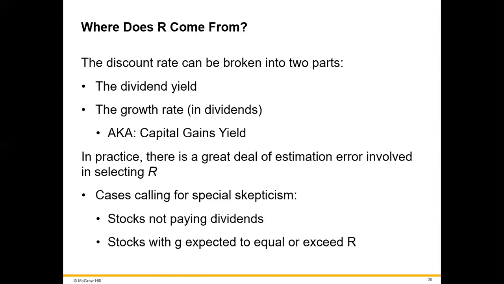Because remember, in our calculations, you're doing rate of return minus growth rate. Well, if the growth rate's larger than your rate of return, you have some issues there, because now you have a negative number in your denominator and a negative price to determine stock value. So you want to be careful of that. And they talk about that a little bit in your book, just so you're aware of it.